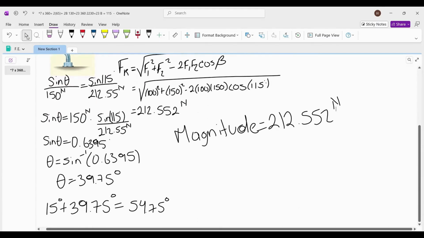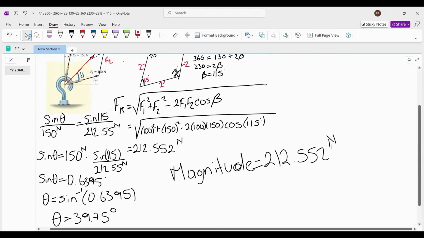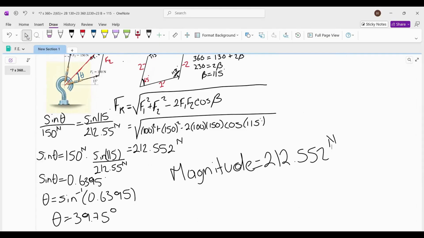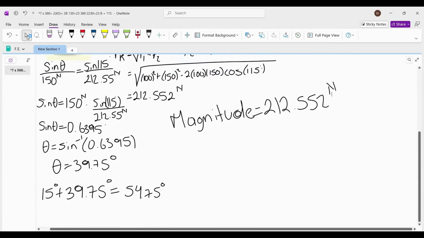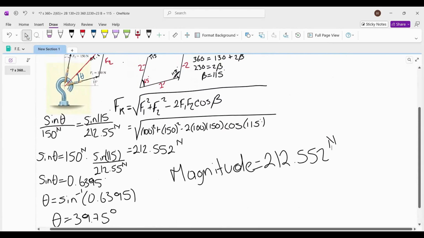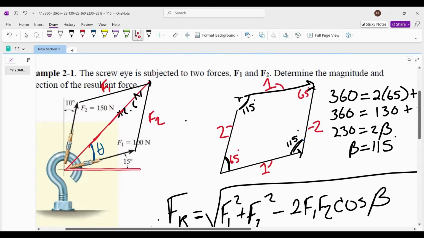How I like writing down my answer for the direction, because some people like finding it counterclockwise from the x-axis, and some people like finding it clockwise from the x-axis, I like to specify which way I found it. In this example, this is our x-axis right here, so I found the angle going counterclockwise from the x-axis.